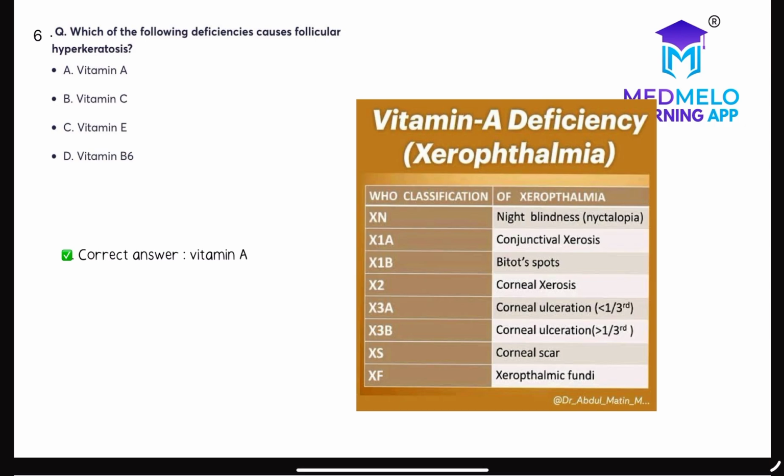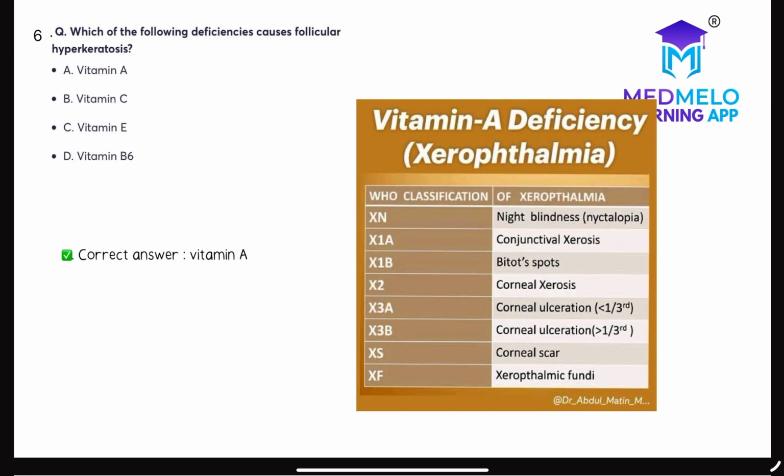Sixth question: which of the following deficiencies causes follicular hyperkeratosis? The answer is vitamin A. It causes follicular hyperkeratosis. The deficiency of vitamin A in the eyes is classified as XN, where N denotes night blindness.